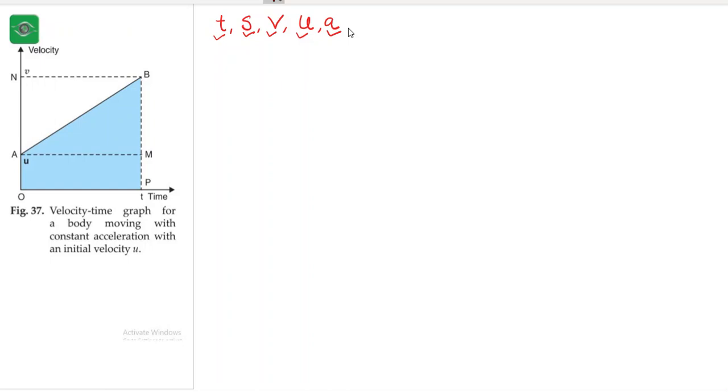So just take the first equation of motion. First equation of motion is V is equal to U plus AT. How many quantities are there? 1, 2, 3, 4 quantities. Let's look at the second equation of motion. S is equal to ut plus half at square. How many quantities are there?